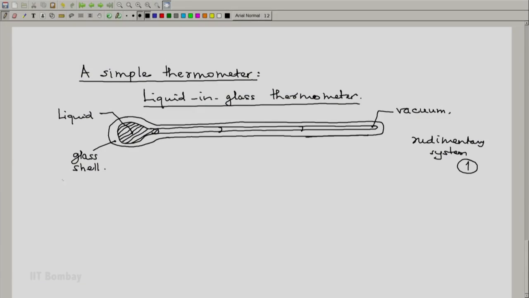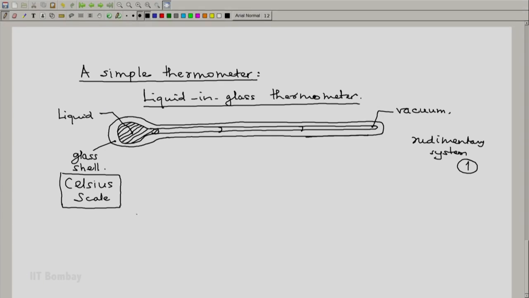For the labeling, what we have to do is prepare a scale. The simplest scale which is still used is the Celsius scale. We will take this as an example, and I will provide you the historical development of the Celsius scale.